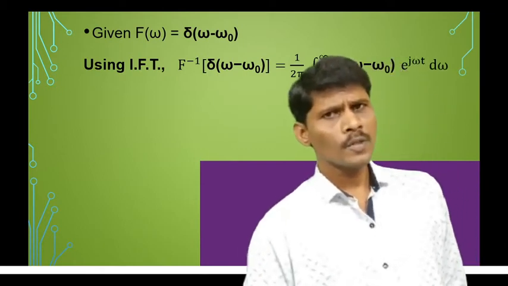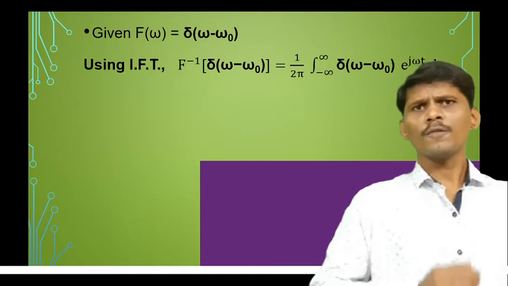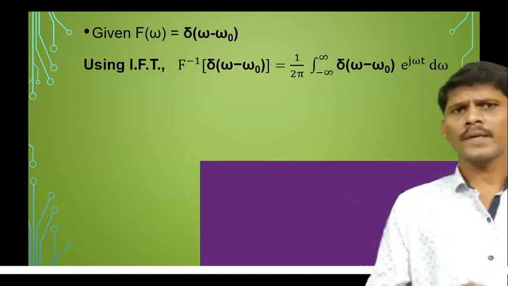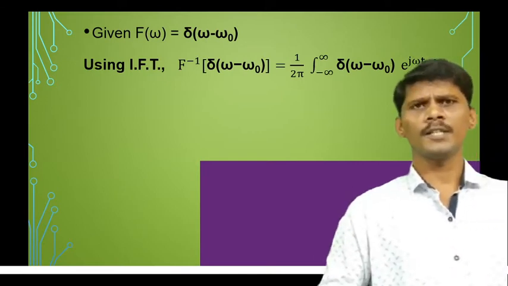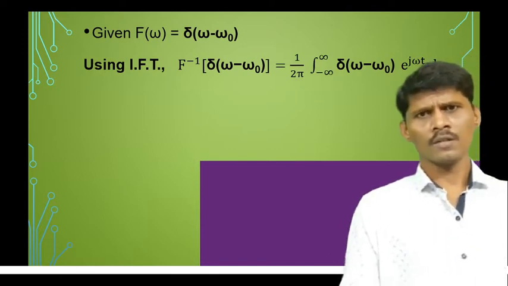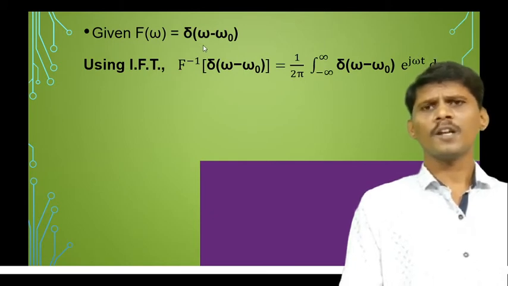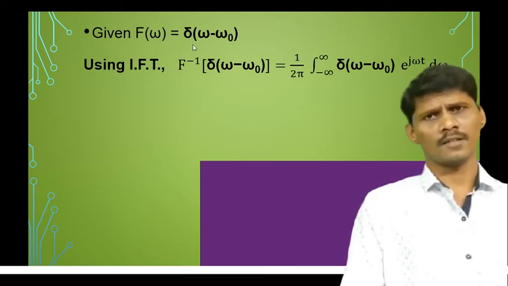Using the definition of the inverse Fourier transform, F inverse of F(ω) is 1 by 2π integral from minus infinity to infinity of F(ω) e^{jωt} dω. Here F(ω) is δ(ω − ω0).